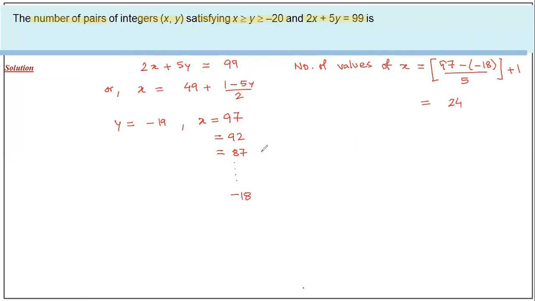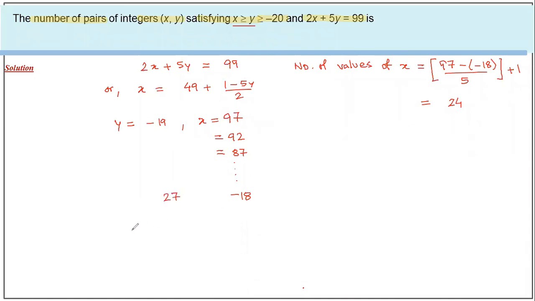However, there is one more constraint, that x should be greater than equal to y as well. Now when x is minus 18, y is equal to 27.